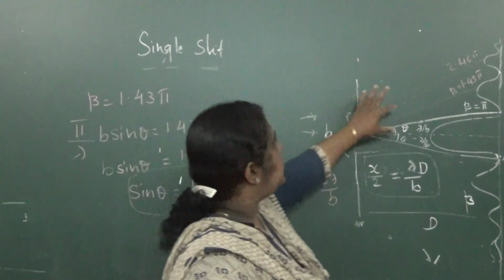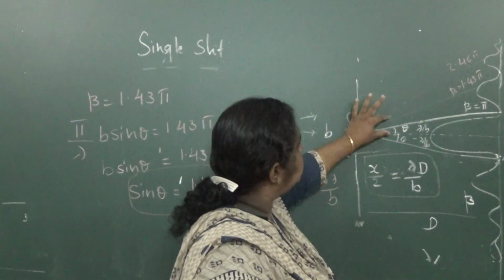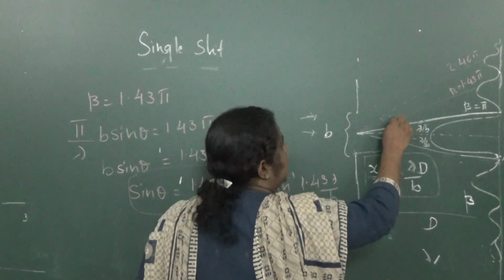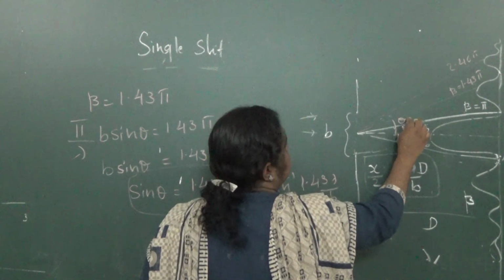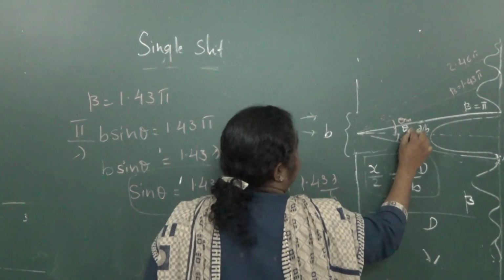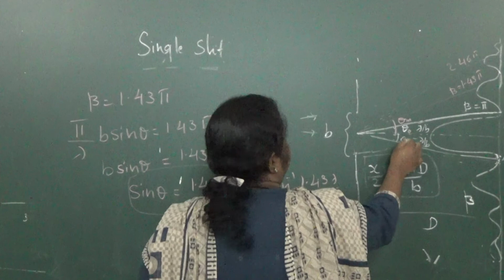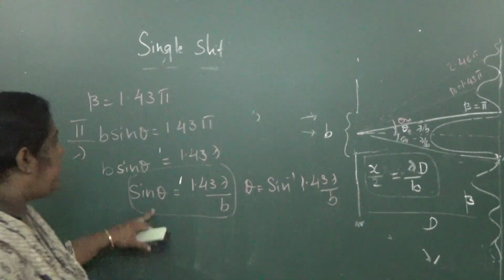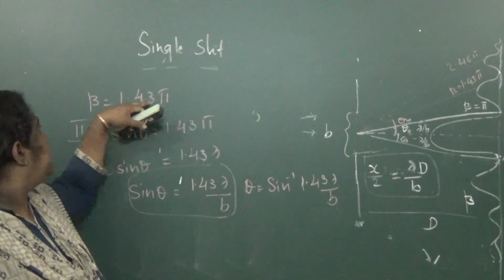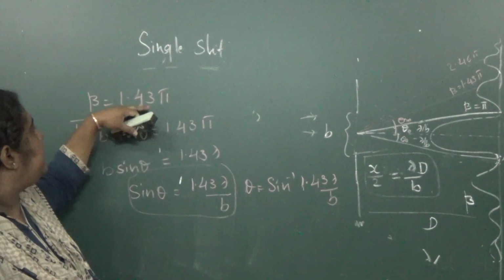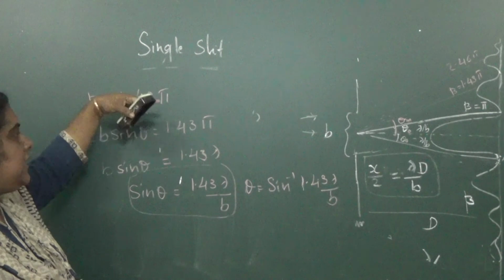So this is the theta value corresponding to our theta maximum, theta minimum. Okay, 1.43 lambda by b. Similarly, you can calculate for 2.46 pi as the secondary maxima.